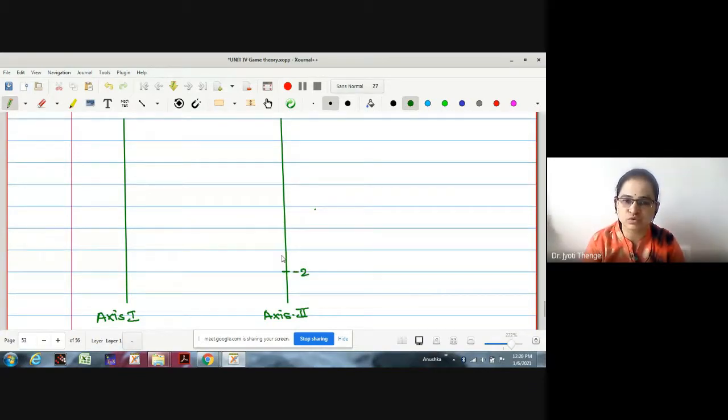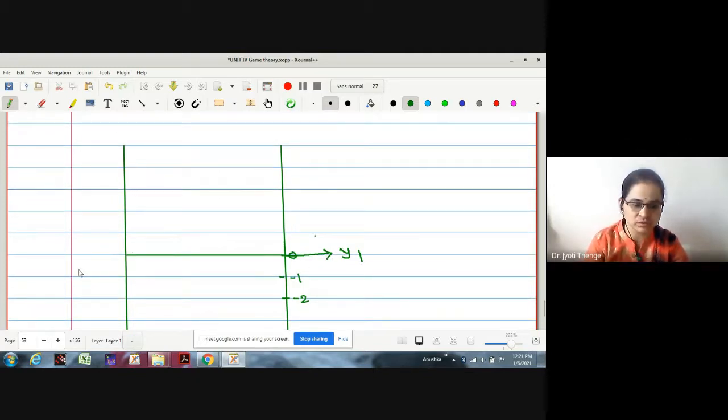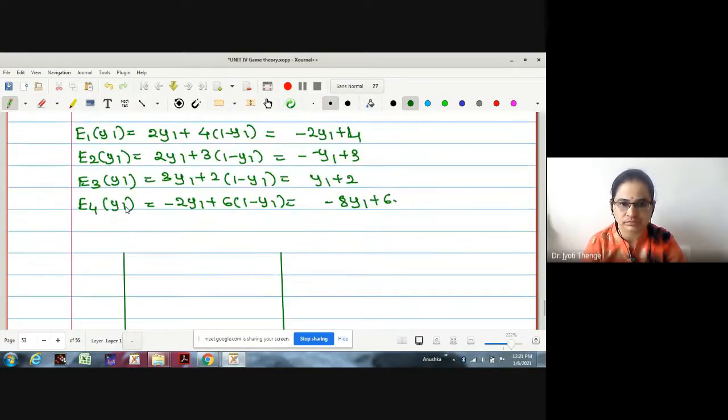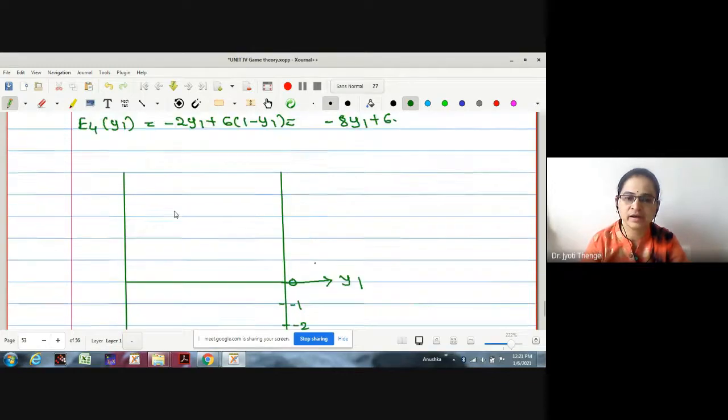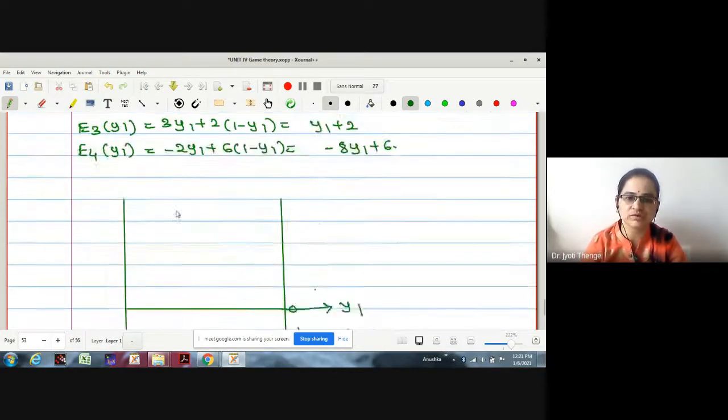Accordingly I will plot the parts. This is minus 2, minus 1. Here I will draw this line. This is 0, so this is the axis. This is axis y1, the point y1 equal to 0. And then minus 2 to 5.